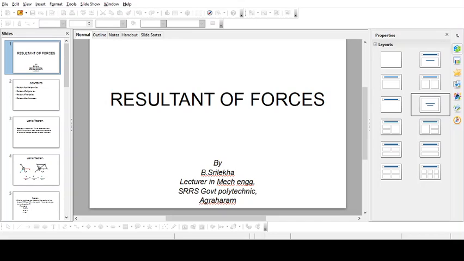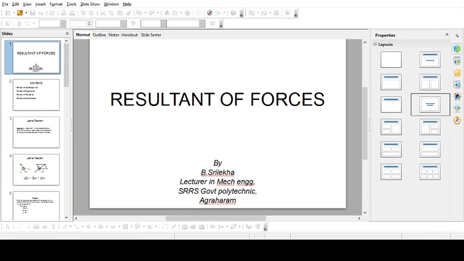Next, we discussed the angle made by the resultant, theta. So theta equals tan inverse of Q sine alpha by P plus Q cos alpha.